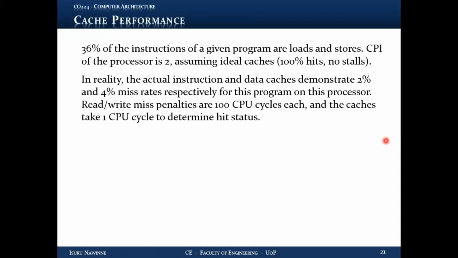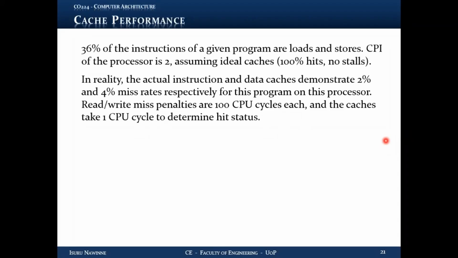So no stalls due to cache misses. That is the idea of ideal caches, 100% hits. If we can get 100% hits, the CPI of the processor is 2. And that is, on average, every instruction is consuming 2 clock cycles in the CPU.